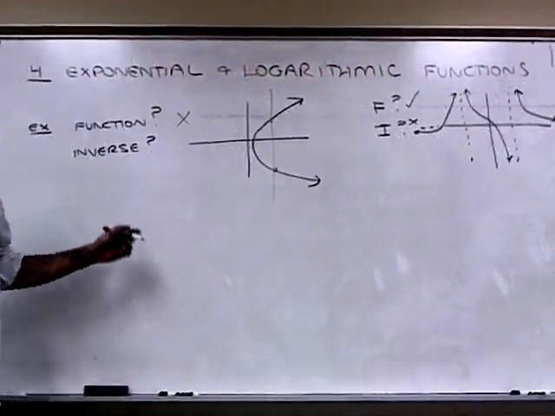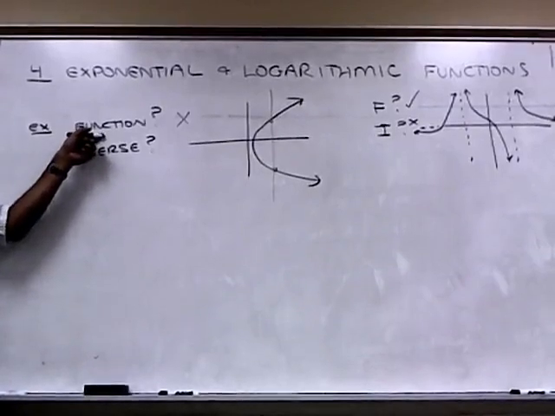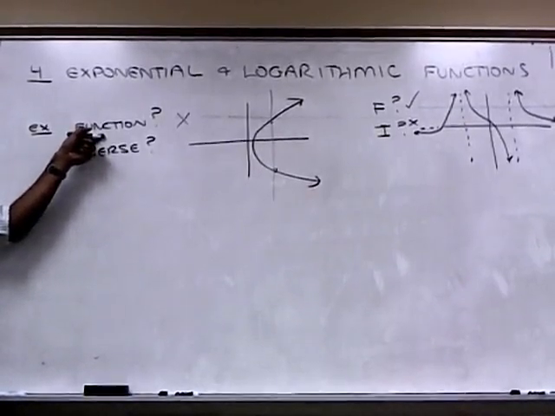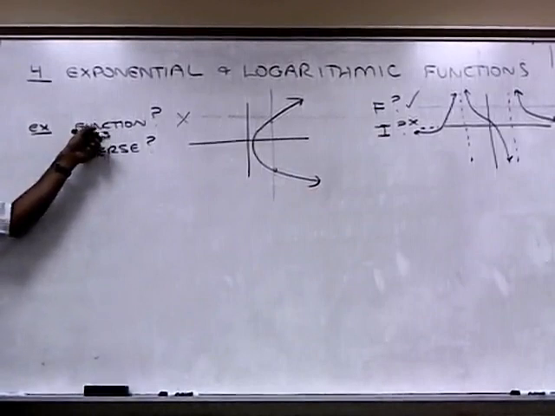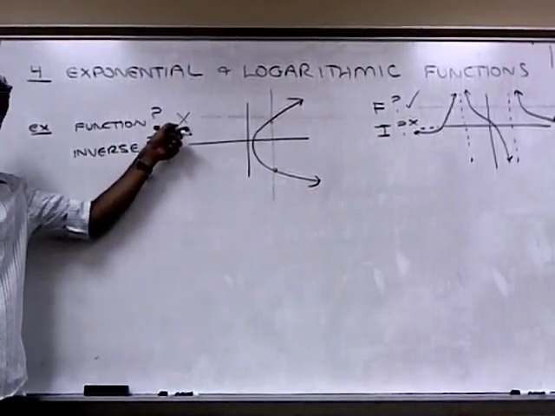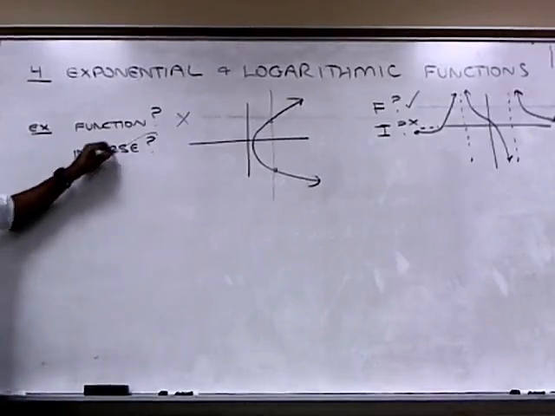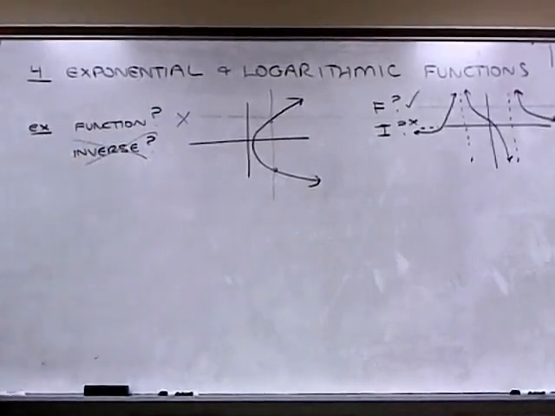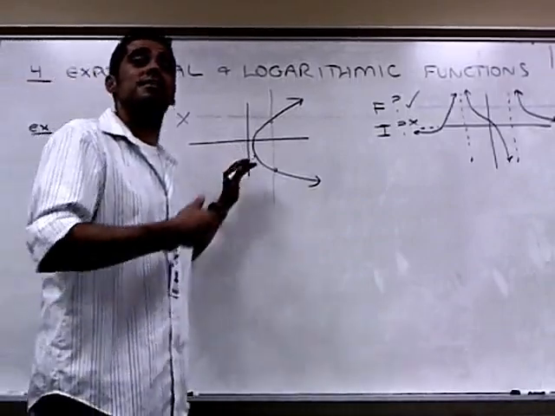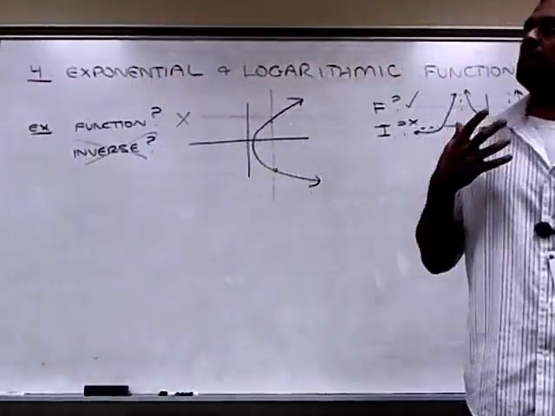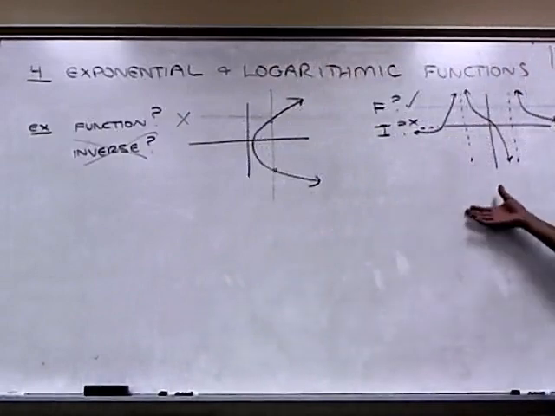So before you can even talk about inverse, you had to have a function to begin with. So once it's not a function, we don't even consider inverse, all right? So this is not even something you could answer. This is not a function. Does it pass the horizontal line test? Yes, but in order to use that, you have to be working with a function.